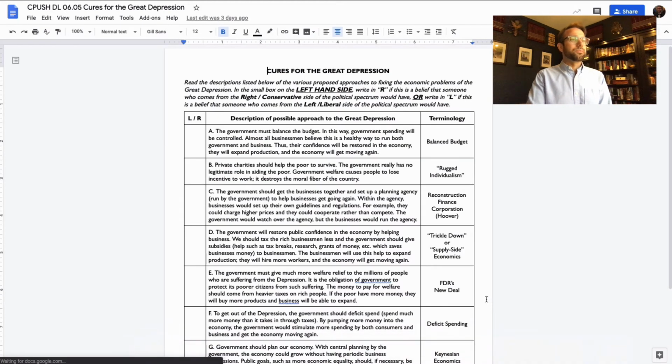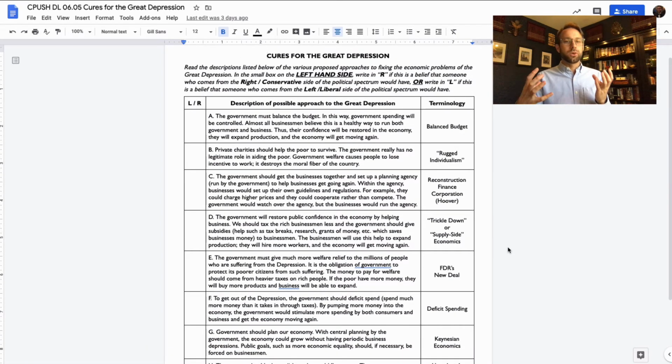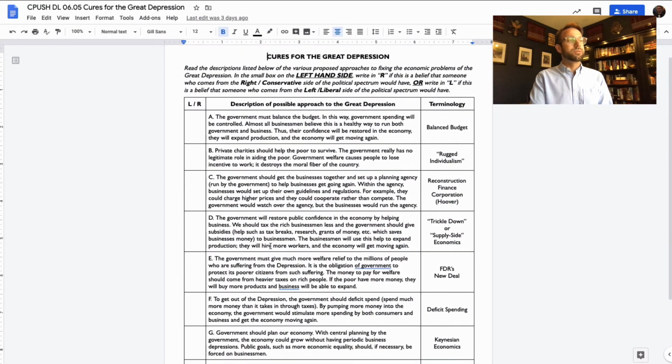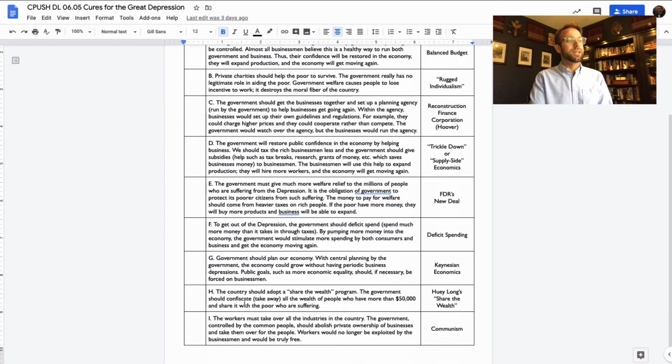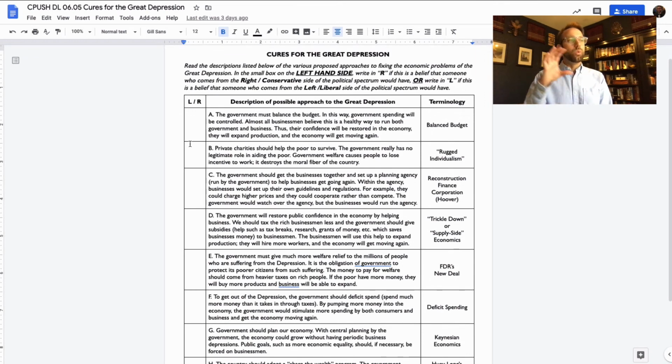All right, so what we've got going on here is, again, all these different proposed cures for how to address the Great Depression. There are some directions there for you, so you can read through those on your own. But essentially you're looking at A through I, so 9 different proposed policies, and deciding, would this belong on the left part of the spectrum or the right part of the spectrum?